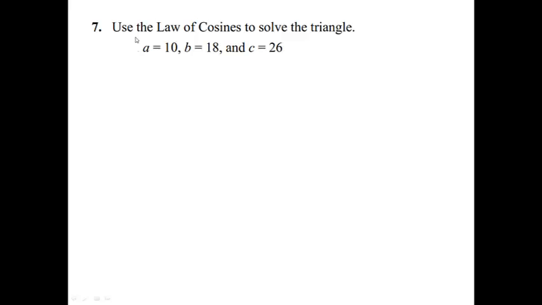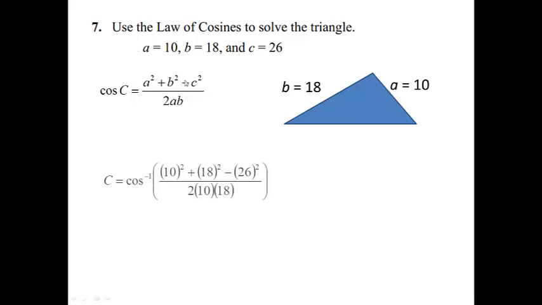All right, use the law of cosines to solve the triangle. Okay, so now we have side, side, side. We're looking for an angle. So this is all out of order here. You have this formula. Okay, C on both ends, and then the A and B in the middle.